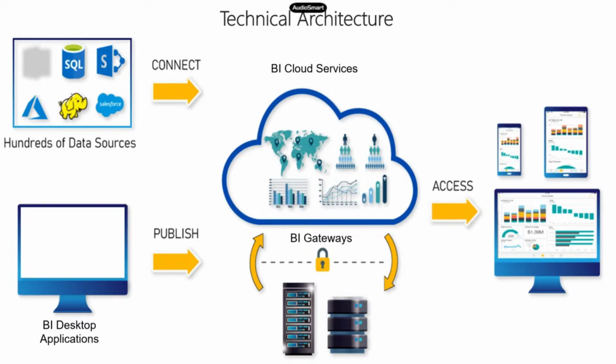Once the report design is done, we can publish it to the Power BI cloud service. With the Power BI service, you can schedule those reports with the help of Power BI gateways, which create the connection with the data sources. Then anyone in the organization to whom you want to provide access can access these reports very easily.